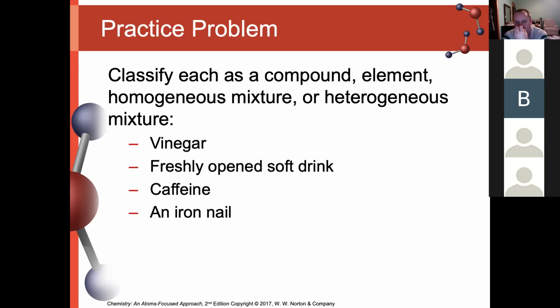One other note that I would want to make is that oftentimes homogeneous mixtures come by another name.